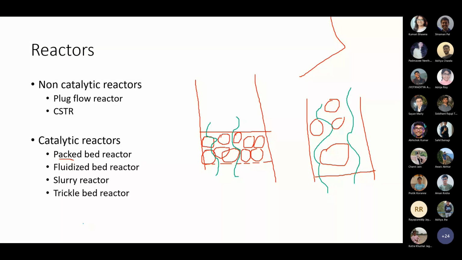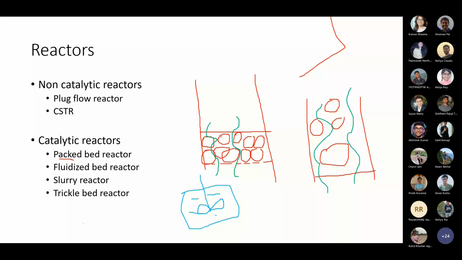Sometimes we have a CSTR type of reactor, and the reactants are liquid.